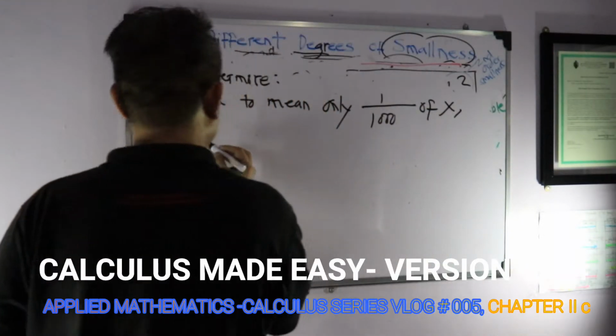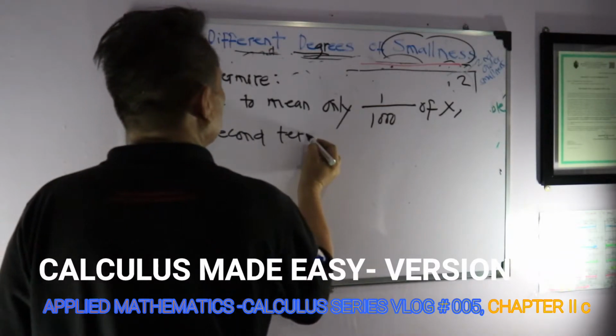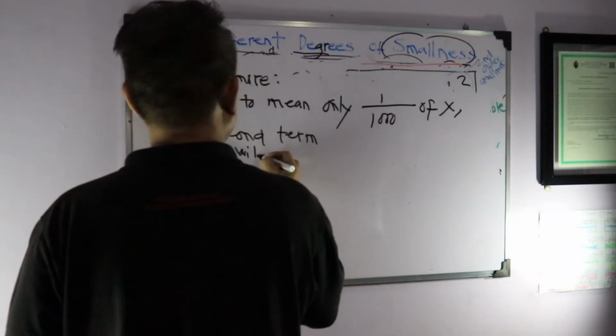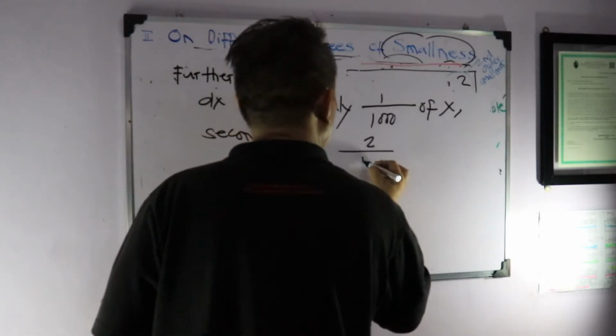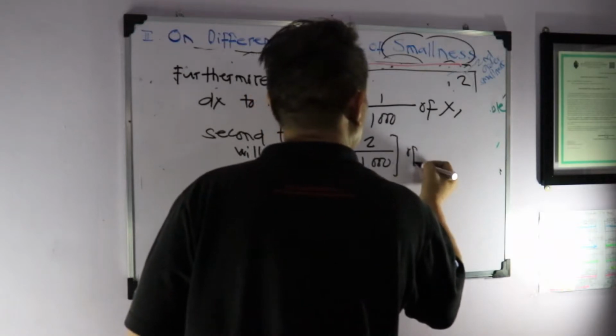Then we have on the second term 2 over 1000 of x.